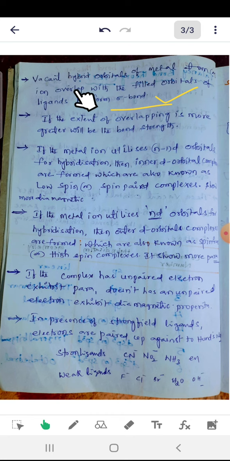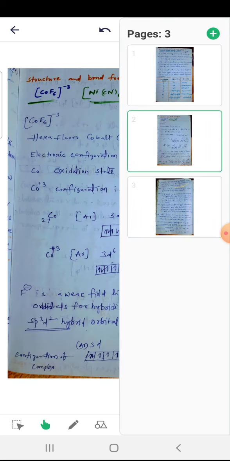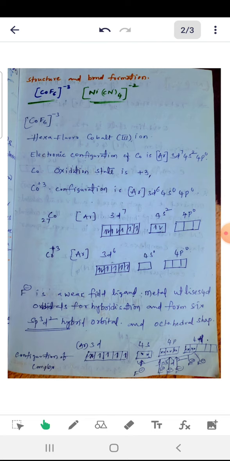You have to understand these, and then you can write down the points one by one. Let us take one example and explain it. What is the structure and bond formation of hexafluorocobaltate(III)? In the hexafluorocobalt(III) ion, the central atom is cobalt, atomic number 27, with configuration 4s2 3d7.